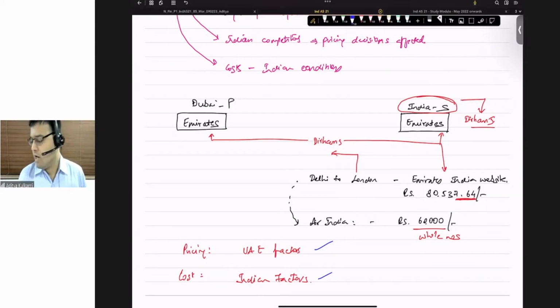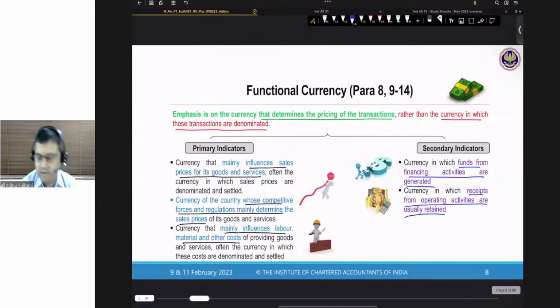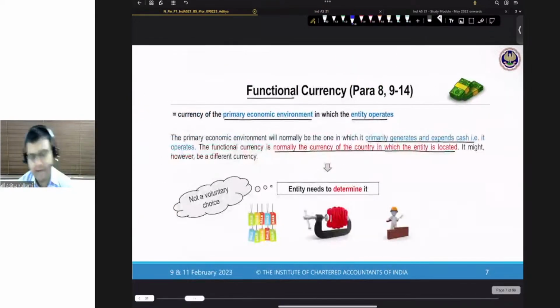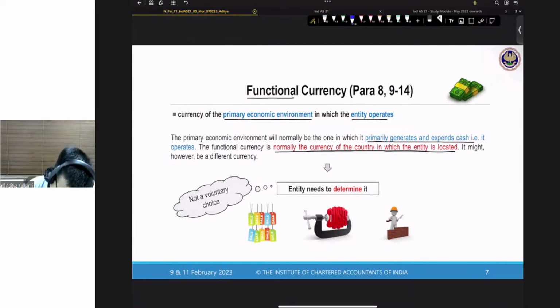Okay. So now the question we look at is, is functional currency determination mandatory? Is functional currency determination mandatory? Answer is yes. The entity needs to determine it. It is not a currency which is given to you.